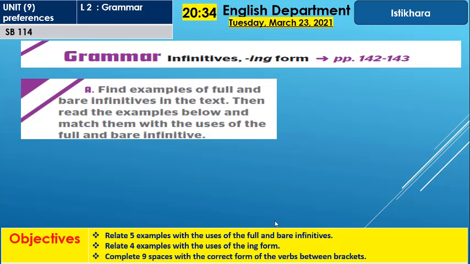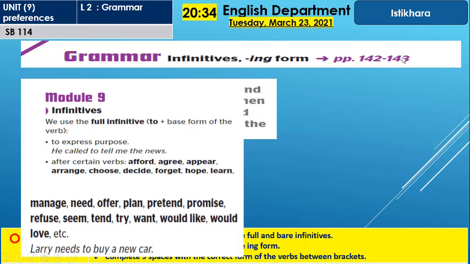Yes, Radi, as usual, you have something to say. You didn't learn about the rules governing the use of the different forms of the verb? Don't worry, just go to page 142, 143, and together we will learn when to use each form of the verb. Let's start with infinitives.